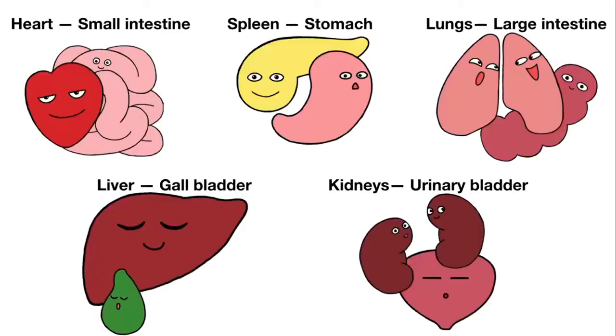Okay. So this is the review from last week. The 5 major yin organs, which are the solid organs, are the heart, spleen, lungs, kidneys, and liver.